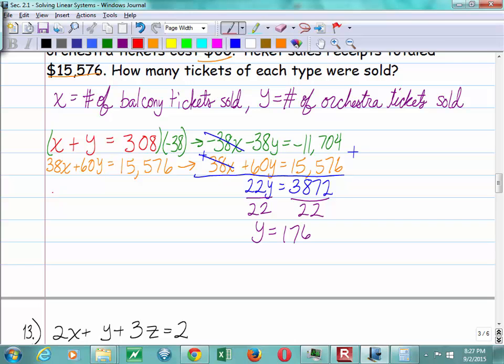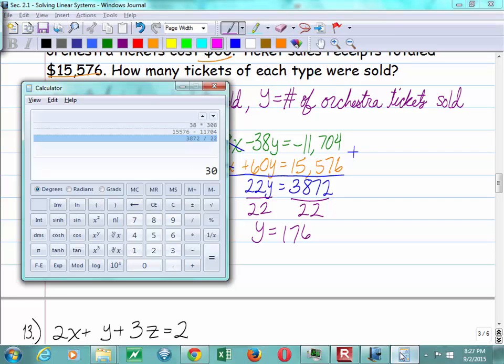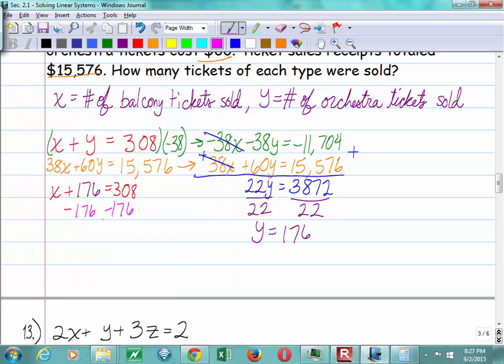So I'll plug that back into the first equation. So x plus 176 equals 308. So let's subtract 176 from both sides. 308 minus 176 is 132.